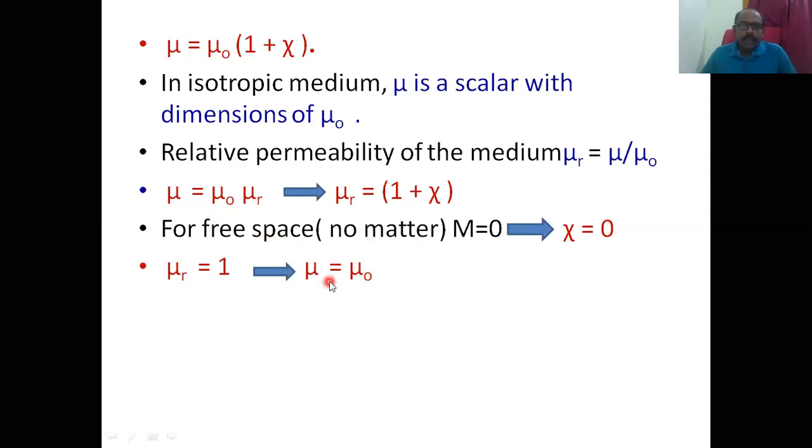So obviously, we are getting the permeability of free space. When susceptibility is zero in vacuum, the permeability of the medium is nothing but the permeability of free space or vacuum. So it tells us that the above equations are valid. So they are well defined.